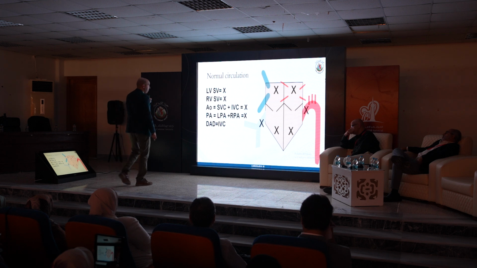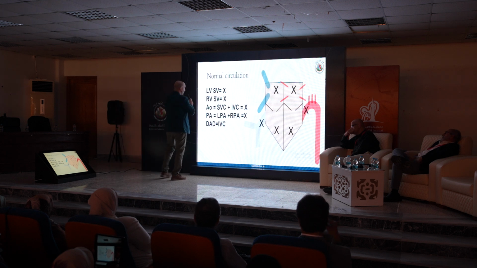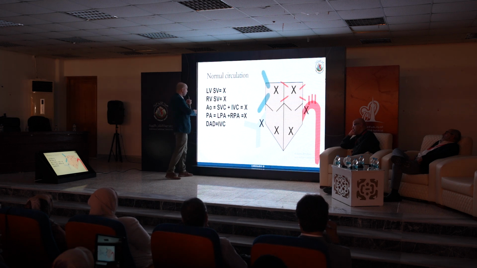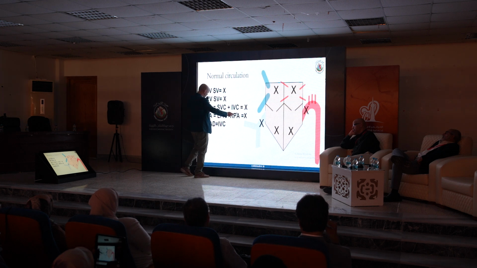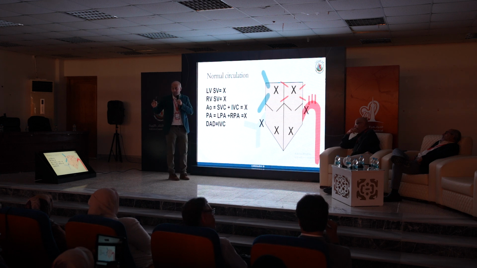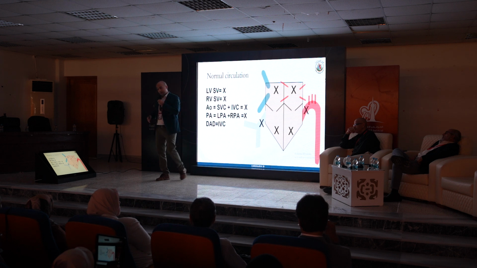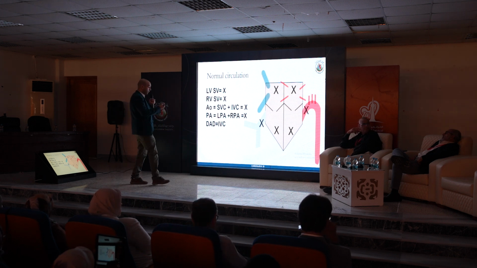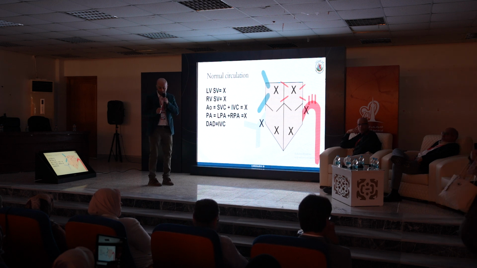In this case, when we measure the stroke volumes, the left ventricle will equal the right ventricle, equal the aorta, and pulmonary artery. Pulmonary artery will equal LPA plus RPA. The descending aorta at the diaphragm will equal the IVC. The blood that goes to the viscera and lower limbs should go back to the circulation via the IVC as the same volume. Okay?